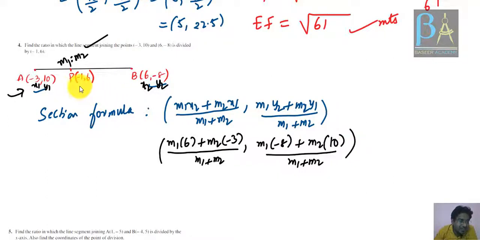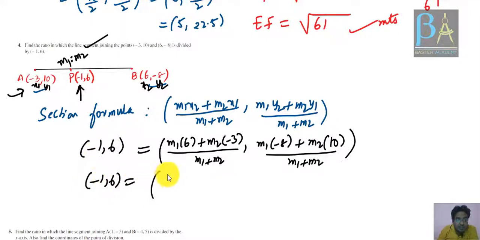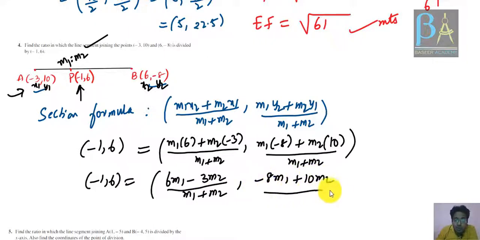You get the coordinates of the point P, and the coordinates of point P are already given to me, which means I can equate this thing with (-1, 6). Now let us simplify the right hand side. 6 into m1, that gives me 6m1, plus into minus is minus, 3 into m2, that gives me 3m2, by m1 plus m2, and then minus 8m1 plus 10m2 by m1 plus m2.